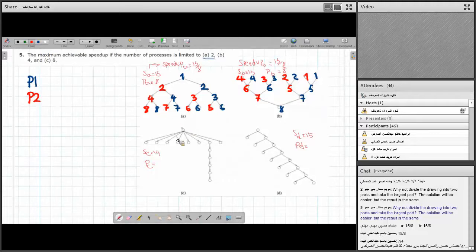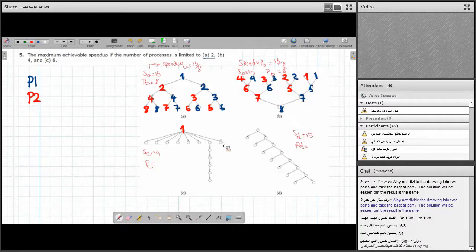Here, in the first time step, we execute this. Now this. In the next time step, we execute this and this concurrently.